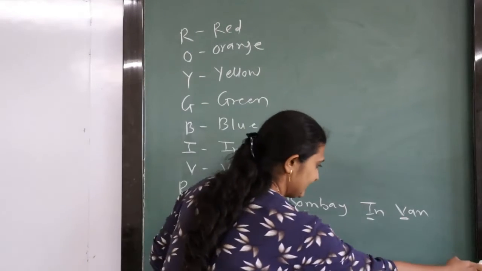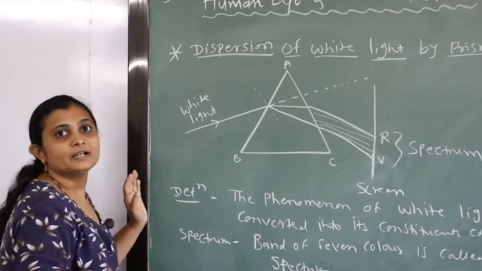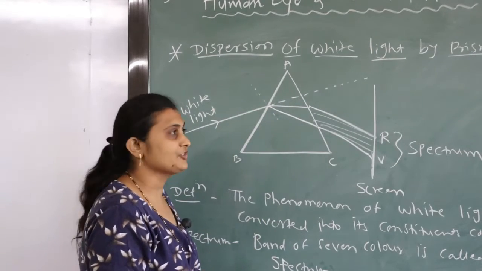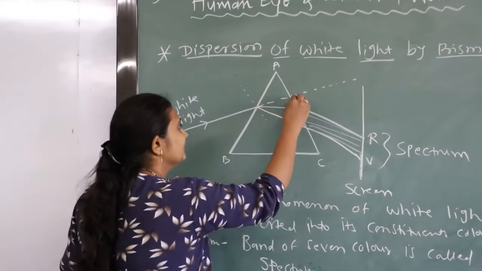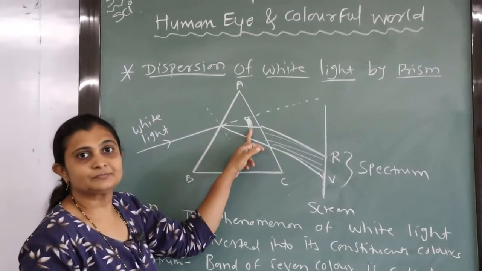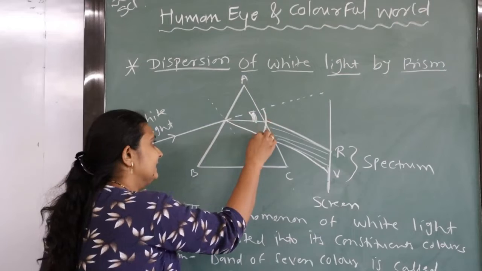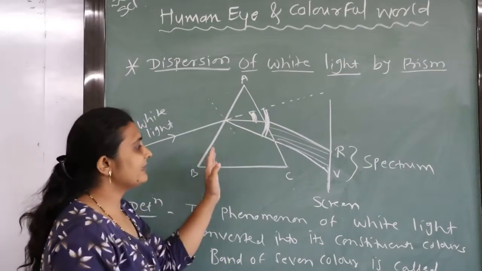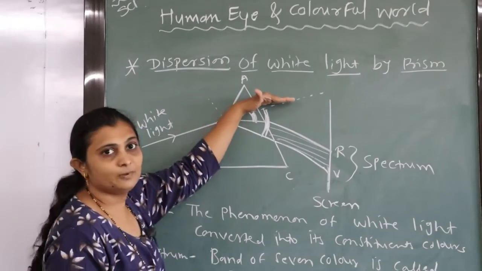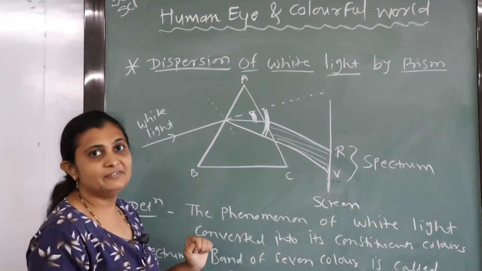Now again we will see this figure. The bending of light from the original path is called deviation. Suppose for red color, this angle is the deviation for red color, and this angle is deviation for the violet color. Deviation means bending from the original path, how much angle that bends, that is called the deviation.